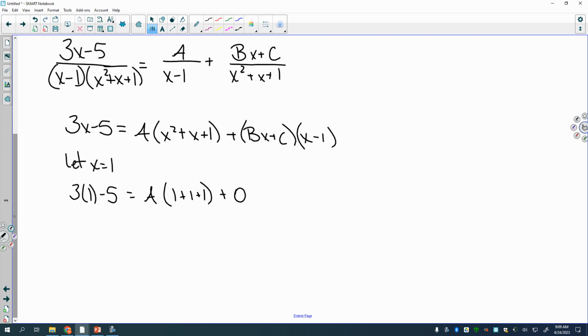So left side, negative 2 equals 3A, and so A is equal to negative 2/3. That one's nice. That still works. But there's not another one that I can do that with. I can't let x equal 0 and make something drop out. I can't do anything else where I just plug a number in.